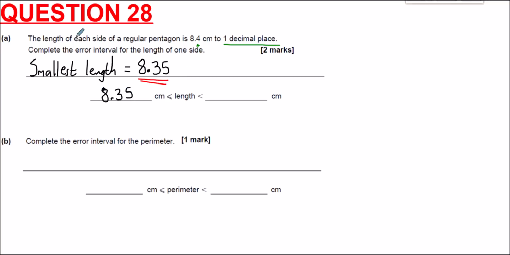And the longest length, if it were 8.45, that would round to 8.5, so the longest length absolutely has to be less than 8.45.